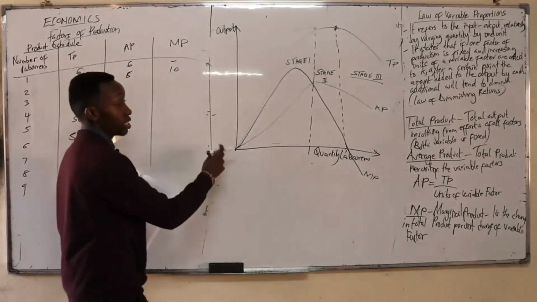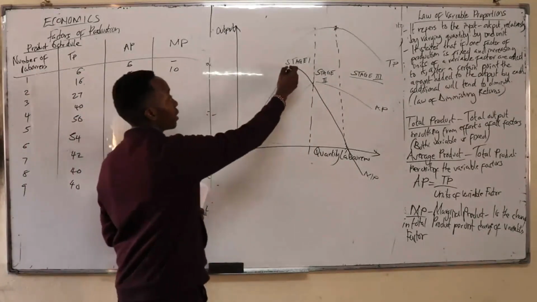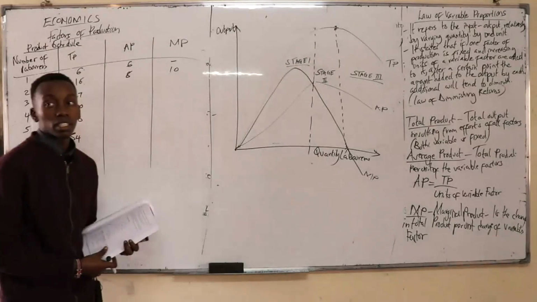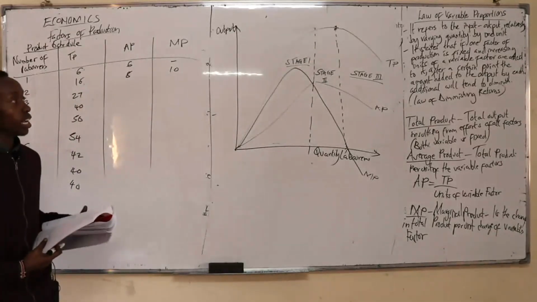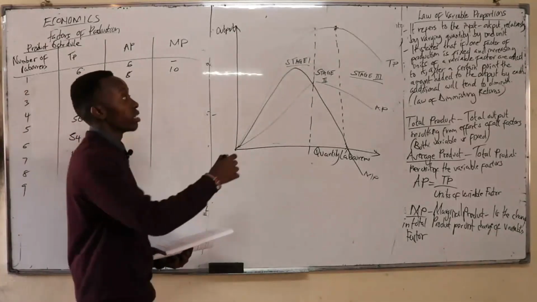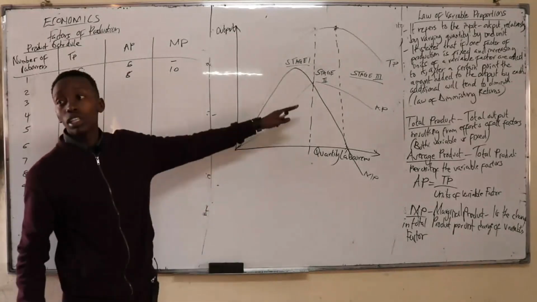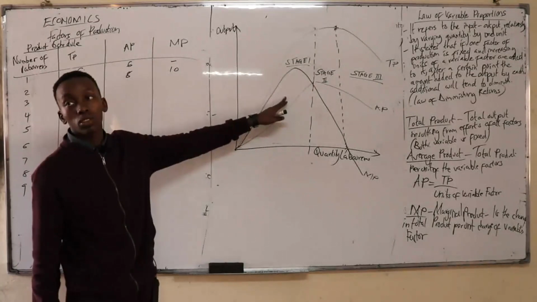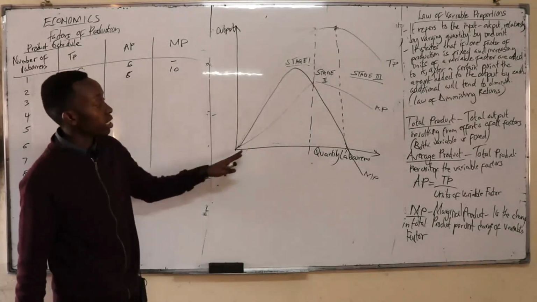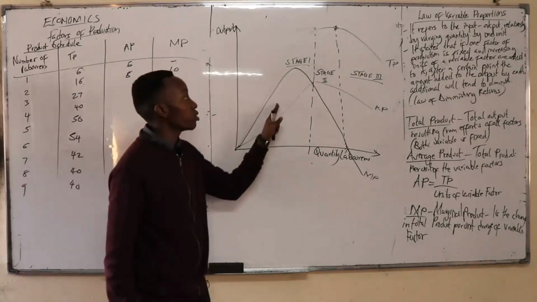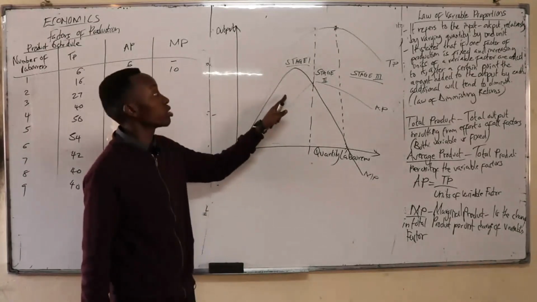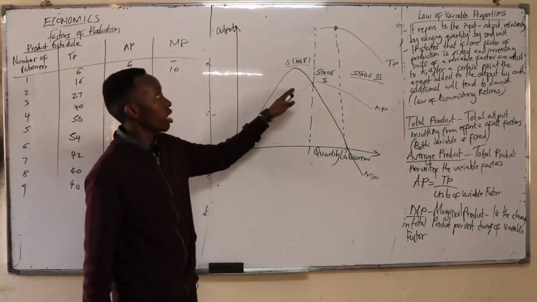Let me repeat that. At the first stage, if the output is increasing, it means you have not attained the highest level of production, and if you produce at this stage, there are some resources that you're not utilizing.